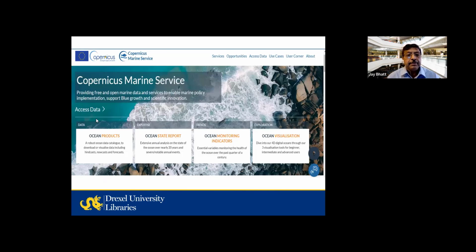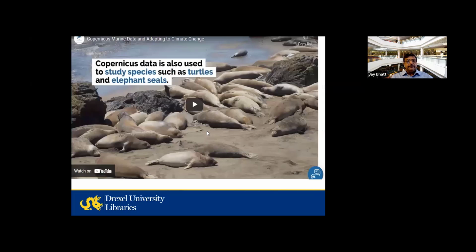And here is one example, just a screenshot from Copernicus Marine Service: free and open marine data insights to enable marine policy implementation, support blue growth and scientific innovation. You can look at a visualization into 4D digital oceans through three visualization tools for beginners, and there's an access data link here that you can try.